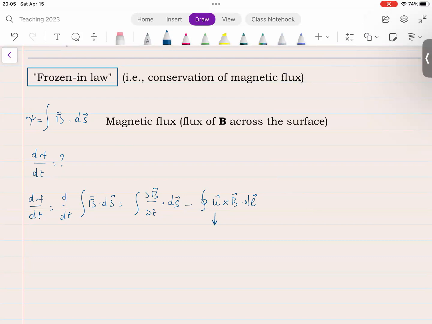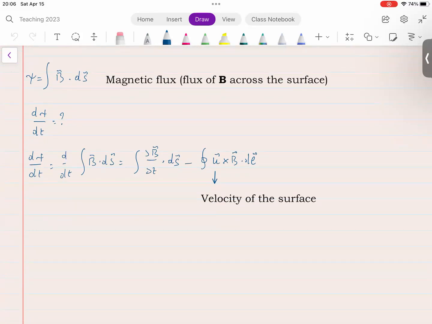Okay, I wanted to emphasize that u is the velocity of the surface, and that in fact we can write this second term in a different way. This equivalent is not the next step.